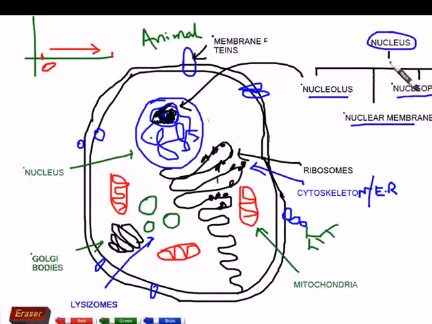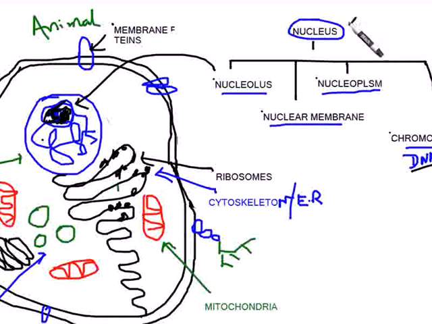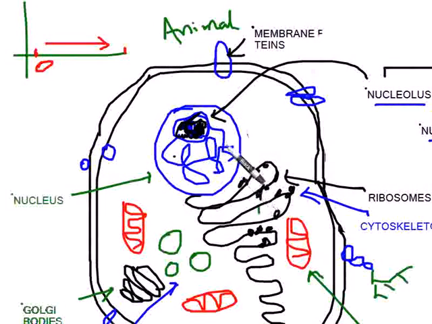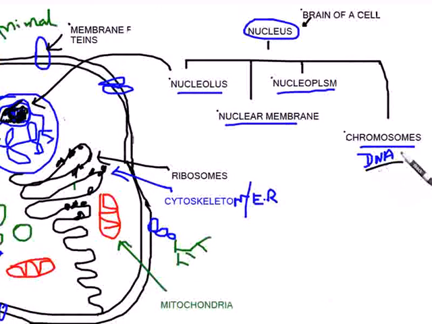So the nucleus is a brain. It is called the brain of a cell. Why is it called the brain of a cell? Because it controls or regulates the functions of different cellular organelles. For instance, it has the DNA, and DNA contains all the necessary information.